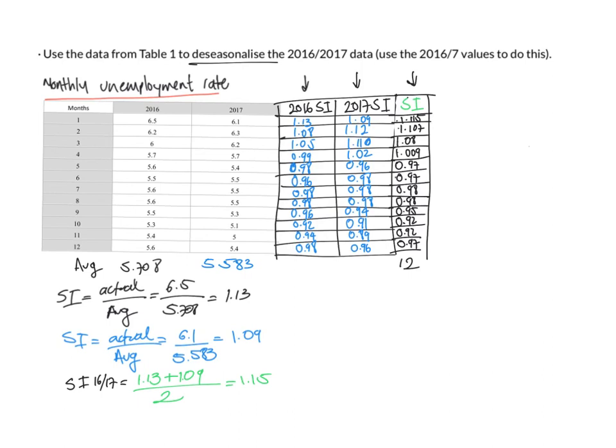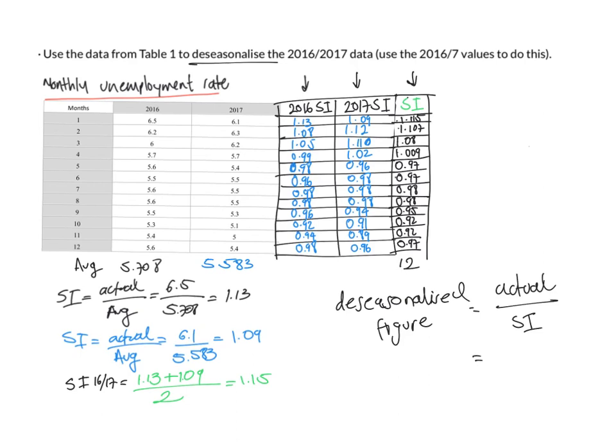The way that we deseasonalize this data is by following a simple formula, which you can find in your textbook: the deseasonalized figure equals the actual value of your data over the seasonal index.